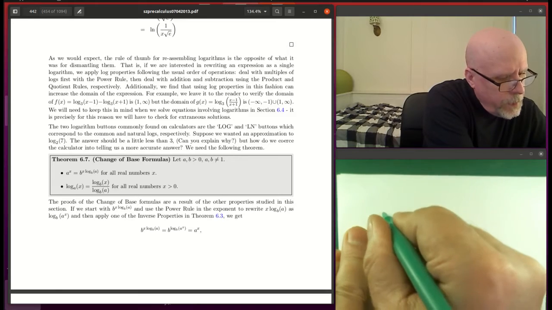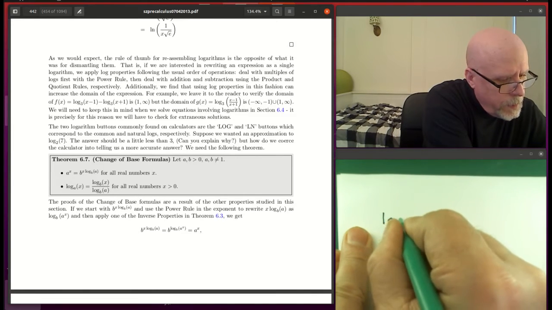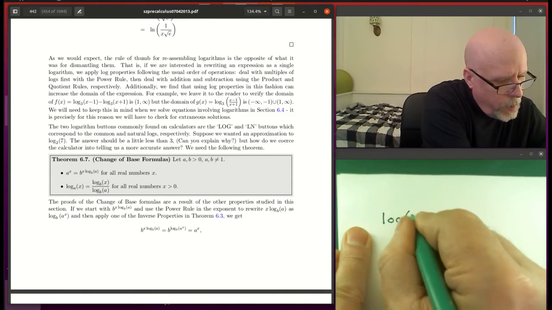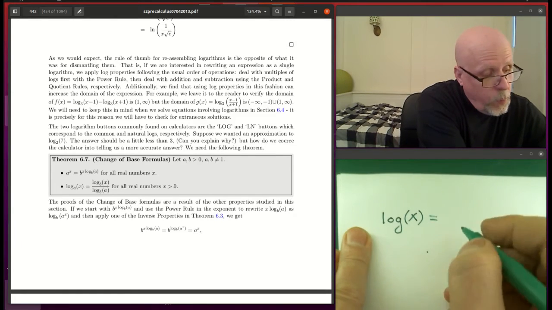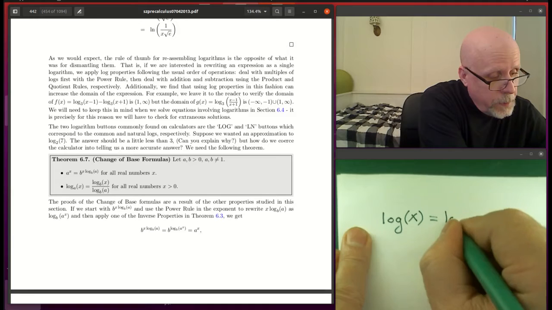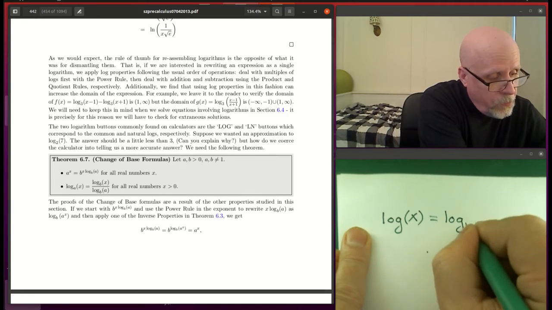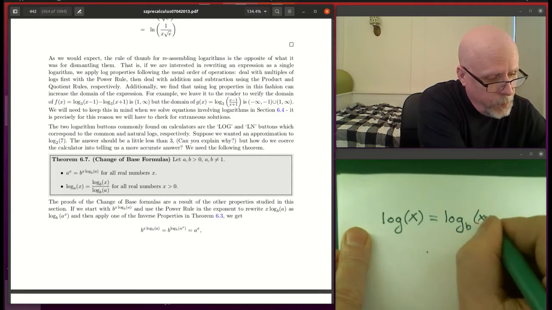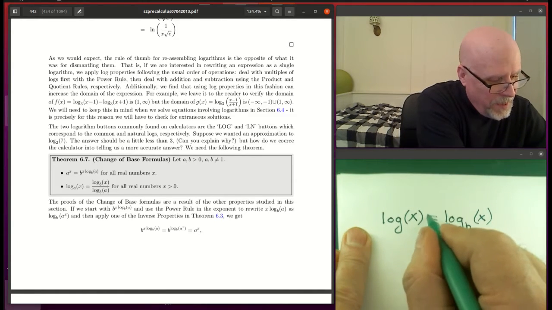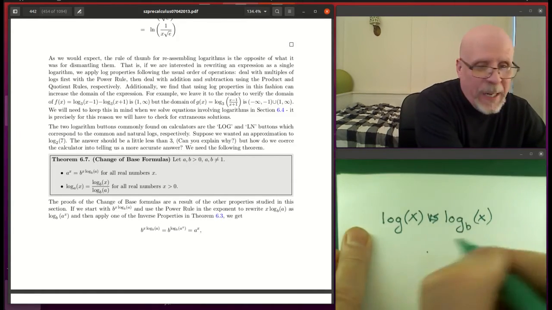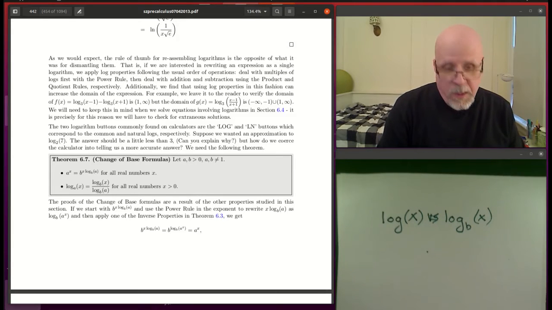If I have the log base 10 of some number x, and I want to figure out the log base something else of x. Well, what I just wrote is wrong. Let's say versus. I want to compare log x versus log base something else of x.